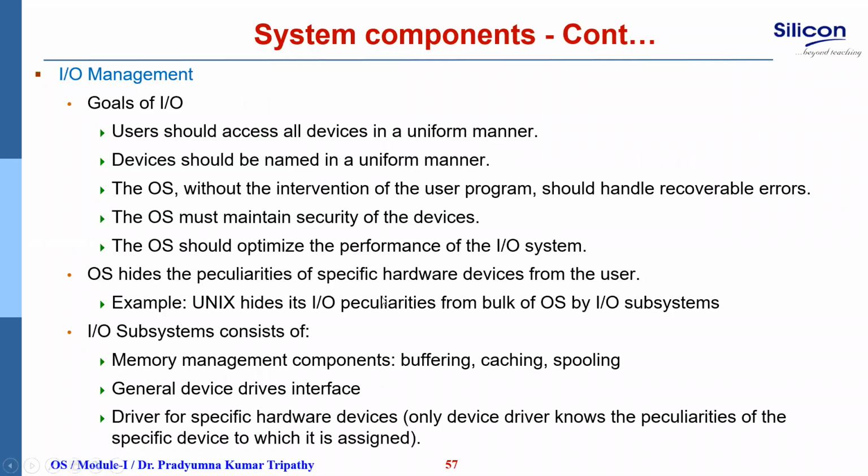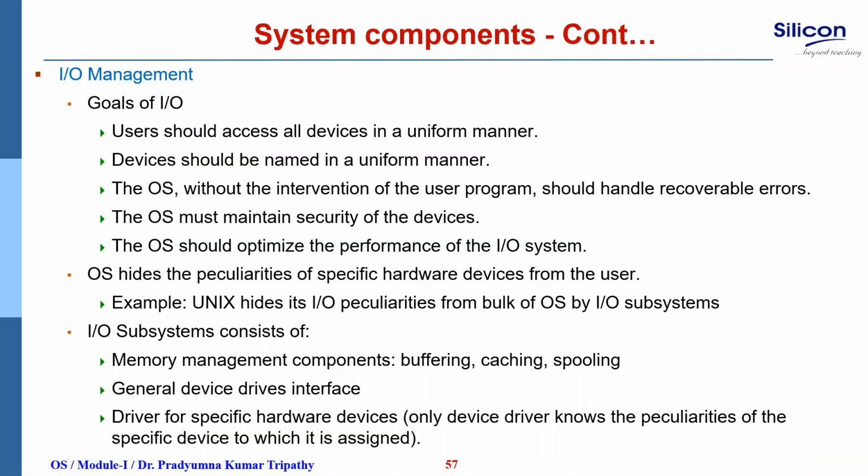In I/O management, what is the goal of input output? The user should access all devices in a uniform manner. Devices should also be named in a uniform manner. The operating system, without the intervention of the user program, should handle recoverable errors.